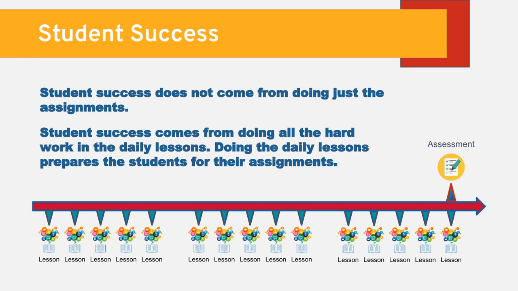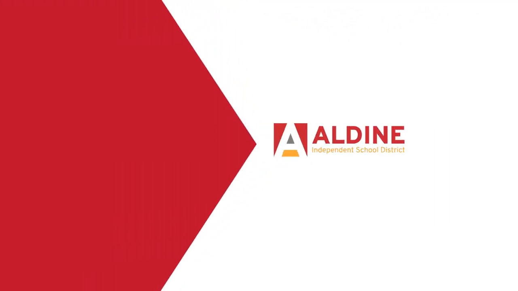By monitoring and recording weekly lesson completion counts, we create the data necessary to ensure equity, provide support, and implement interventions. Student engagement is the engine that drives student success and leads to academic achievement. This concludes Part 3 of the Aldine Student Engagement System.